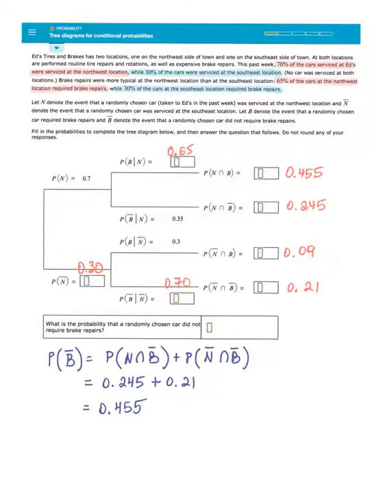We can go ahead and just add them together, and the combined sum is 455 thousandths. In other words, 45.5% is the probability that a randomly chosen car did not get brakes fixed when it was serviced at any of the locations of Ed's Tires and Brakes business.